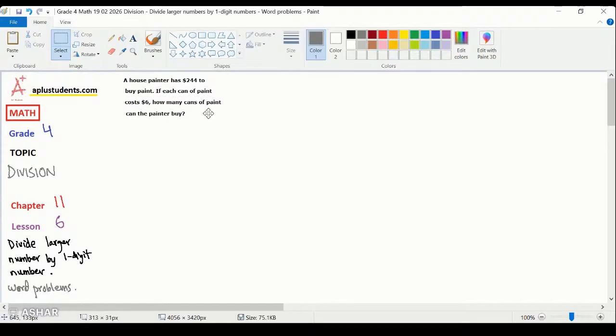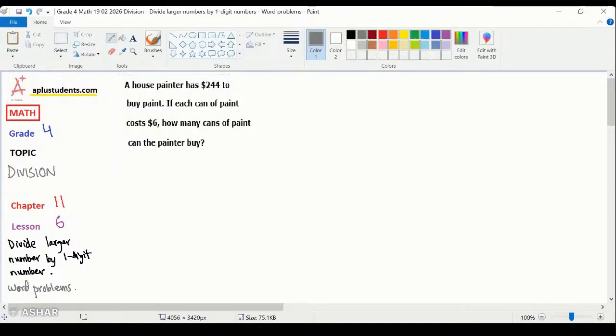The first question says a house painter has $244 to buy paint. The painter has this much money to buy the paint. If each can of paint would cost $6, they're asking us how many cans of paint can the painter buy.